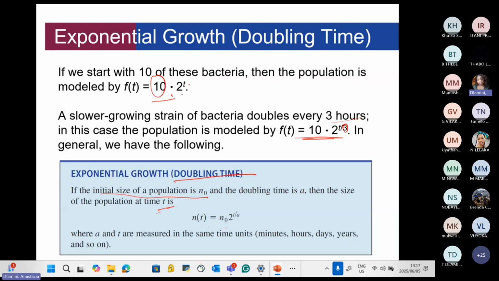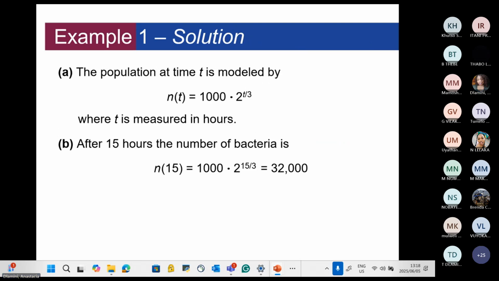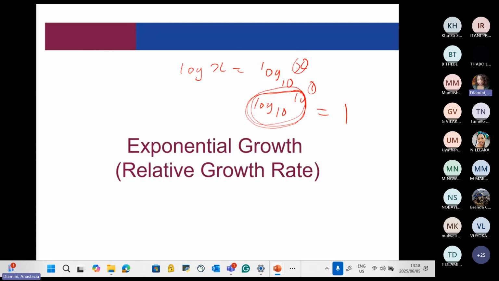If they say tripling time, then this part here will be 3. If the population was 4 times in whatever time, then that will be 4. That's what they're saying. So let's move on.